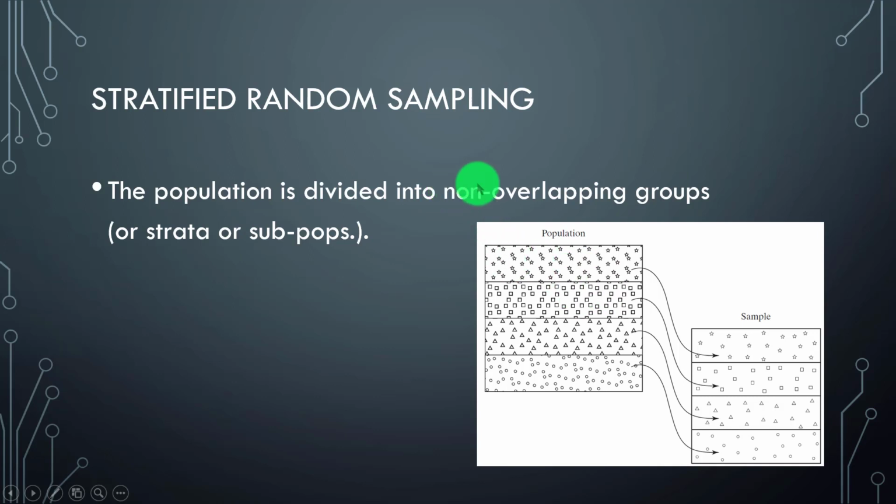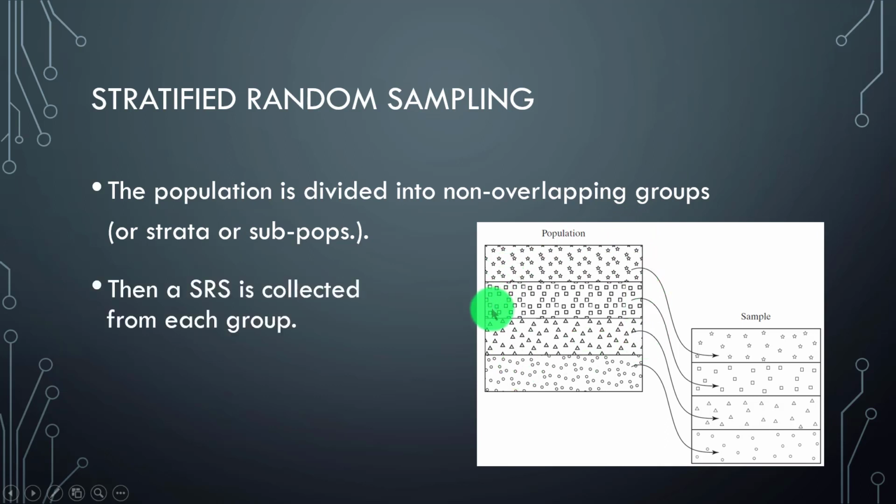So that's what this non-overlapping means. Once you've got your population grouped up, then you take a simple random sample from each of these groups.